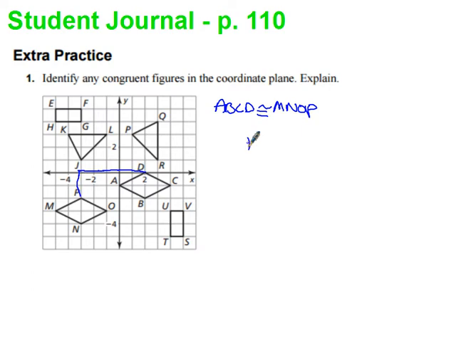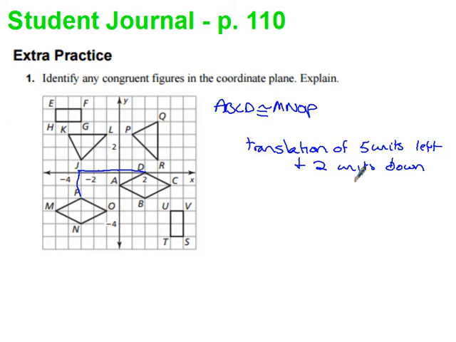So we could say that it was a translation of 5 units left and 2 units down, which we know that any translation is a rigid motion, so the pre-image and the image are both congruent to each other.